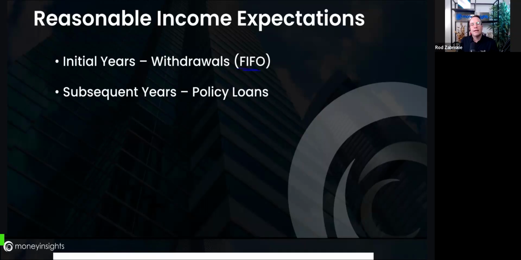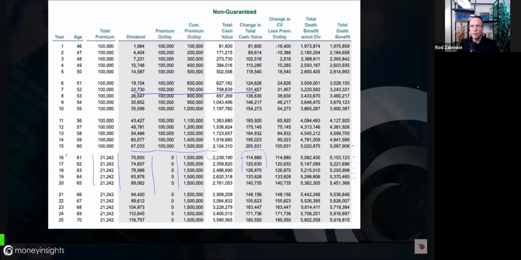Yeah. So the answer is it would be kind of like a hybrid of what I showed. And we're looking at this with somebody right now. So he said, I don't want my death benefit to go down, but I'm also okay if it doesn't go up. So what we can do is, and let me actually go back to that. It looks more like this one where the total premium will still show this 21,000.